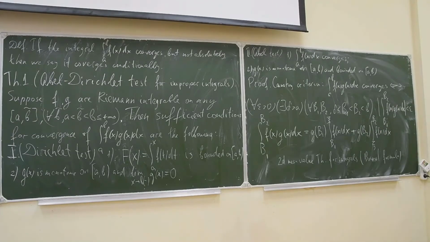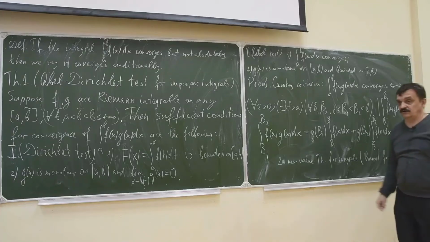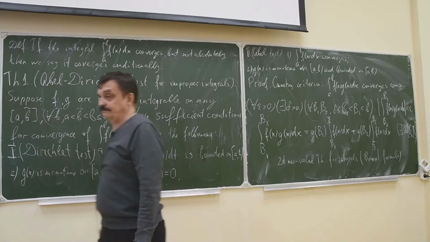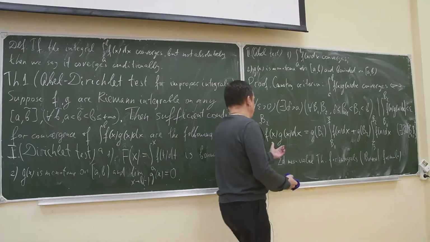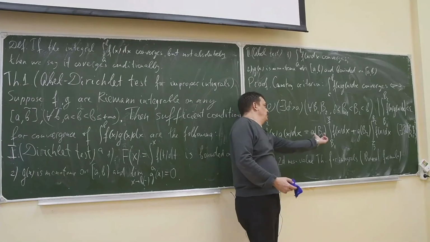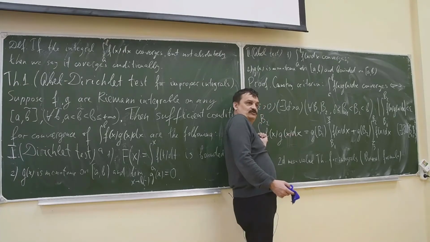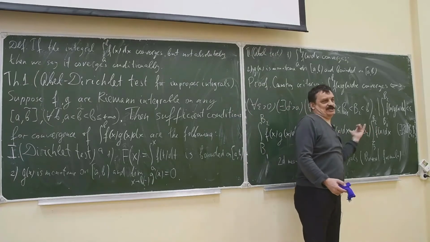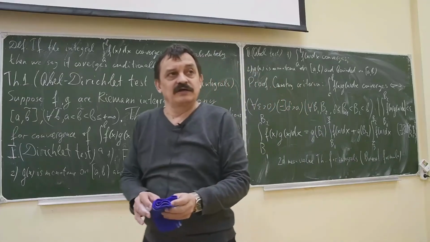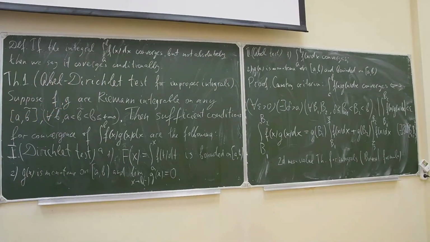That is the Bonnet formula. So there exists psi in [b1, b2], according to the Bonnet formula. So the second mean value theorem allows us to put, roughly speaking, a monotone function outside of the integral, like a constant. That is how the second mean value theorem works.